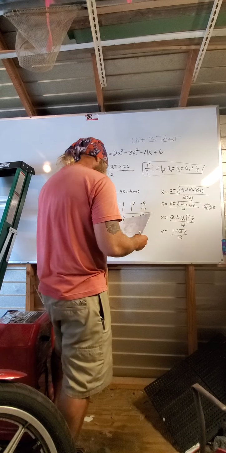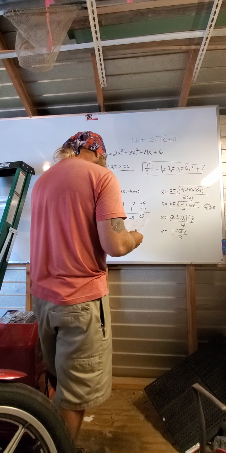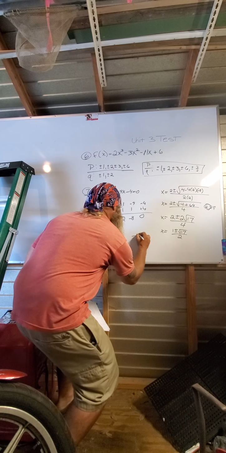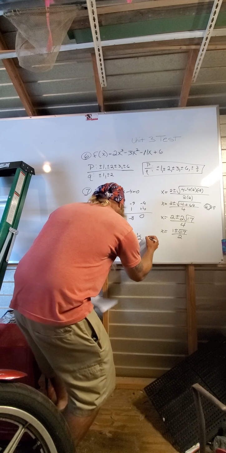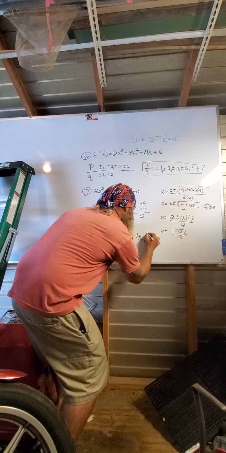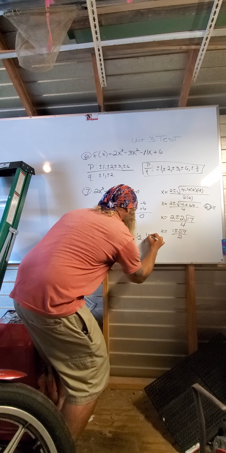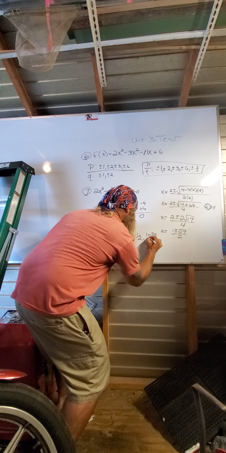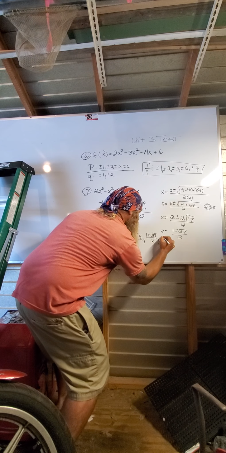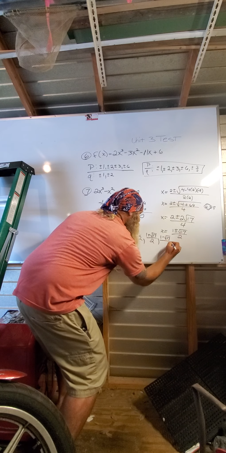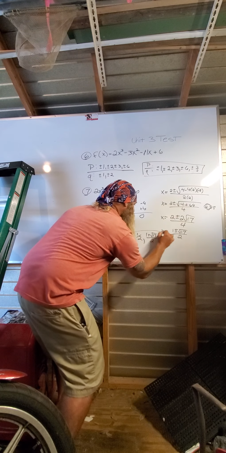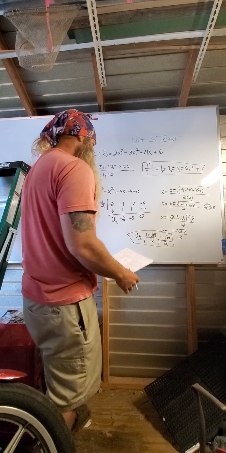So your answer: negative 1/2 is a 0, and 1 plus square root of 17 over 2, and 1 minus the square root of 17 over 2 are all zeros.